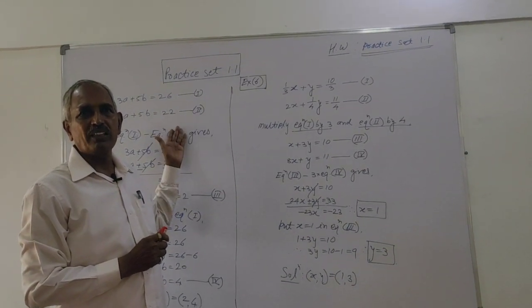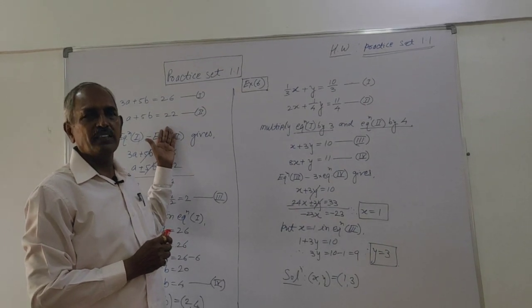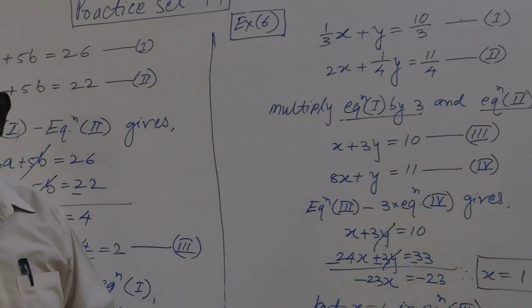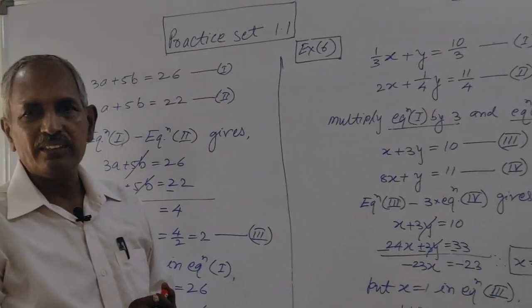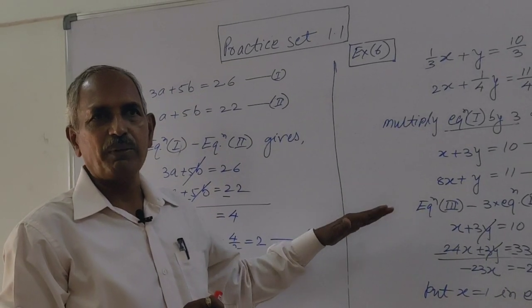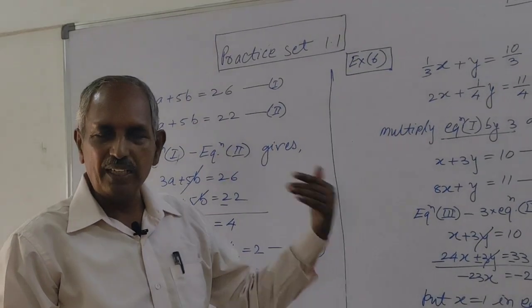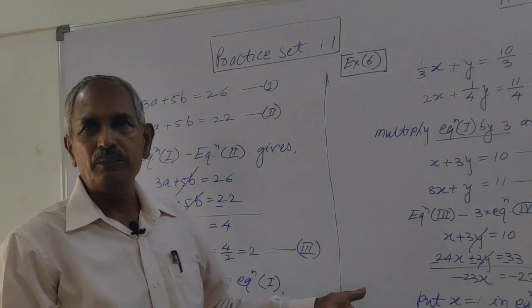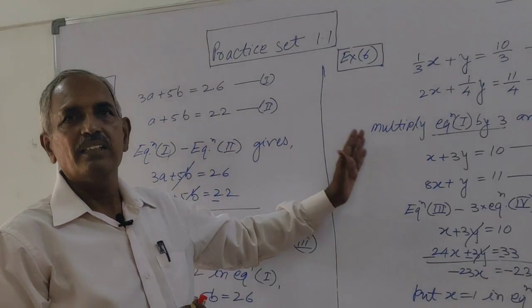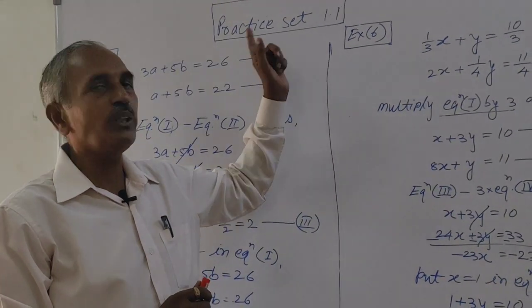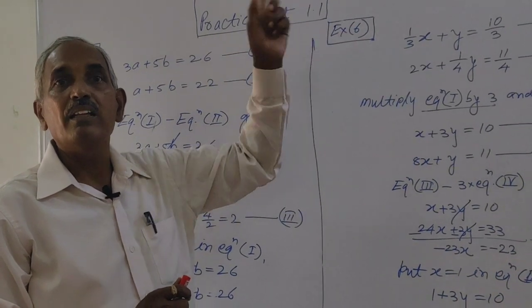In the same manner that I have solved these two examples, you have to solve the remaining examples from the practice set, and after this practice set we will go to the next practice set tomorrow if there is no doubt.